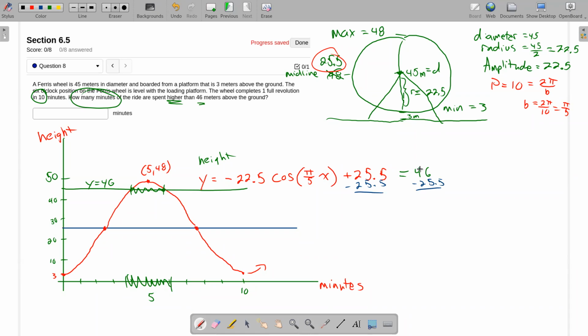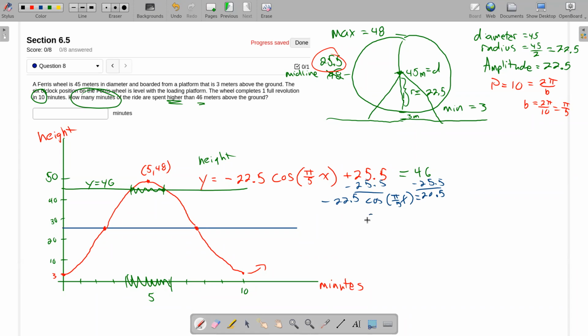All right, so 46 minus 25.5 is going to be what, 20.5. Double check on the calculator in a sec. And then I have whatever's left here, negative 22.5 cosine of pi over 5 x equals that.